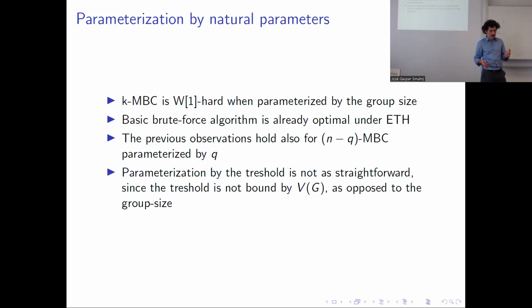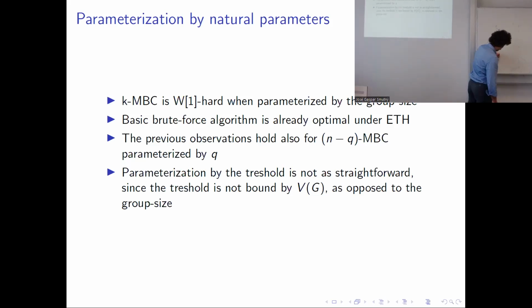Okay, so that's the group size, and then we have the other parameter, the threshold. Parameterization by the threshold is not as straightforward, because we usually assume that we have, if you recall, a function of the parameter times n to some constant.